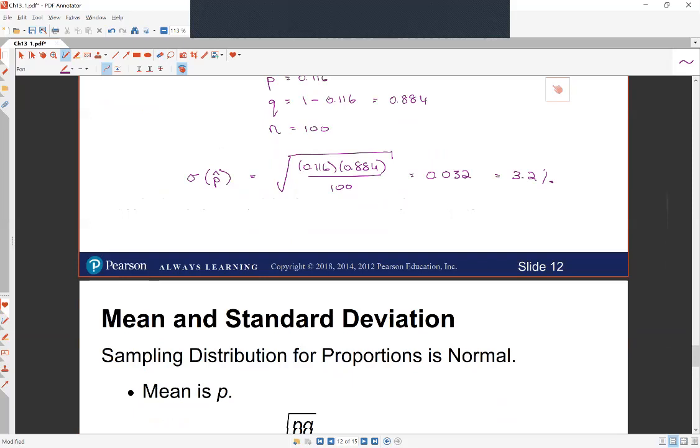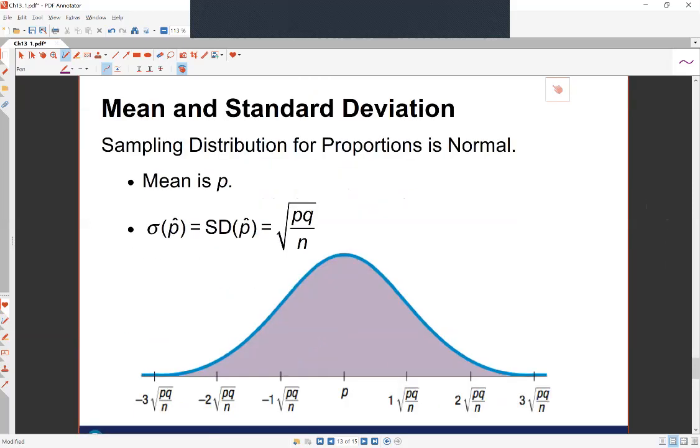So how does this then fit back into our normal model? Well, normal model tells us bell curve, right? And bell curve tells us we are centered at P, and then remember that 68, 95, 99.7 rule, that tells us if we're moving to the right, we add 1 and then 2 and then 3 standard deviations, or if we're moving to the left, we subtract 1, 2, or 3 standard deviations.